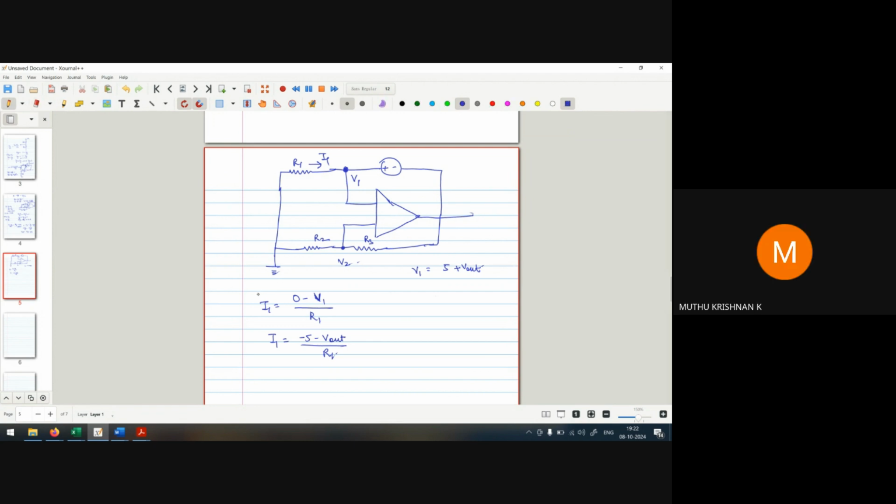We have to use the direction of current. So this is the direction of the incoming current, and here we are getting the direction of this one. So that means this behaves as a loop.